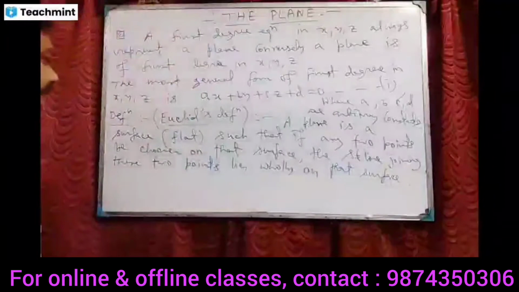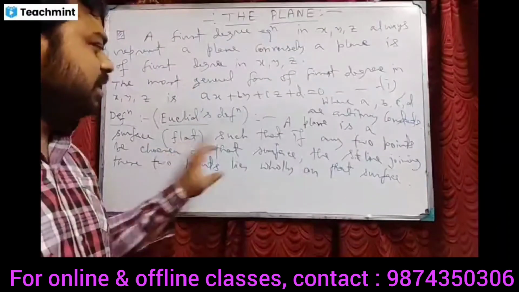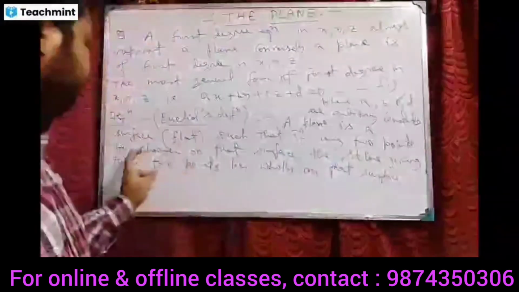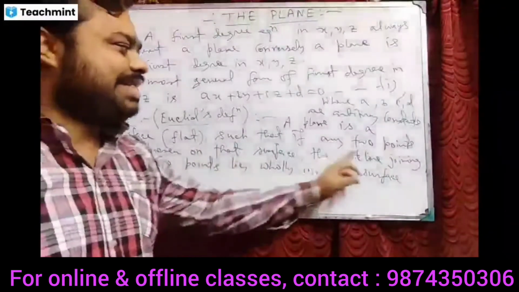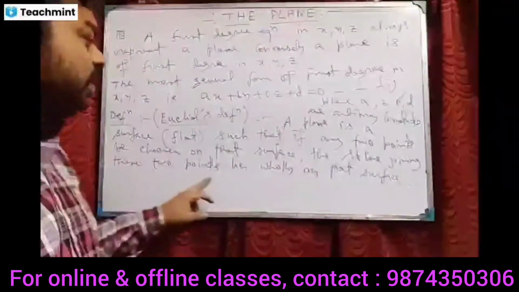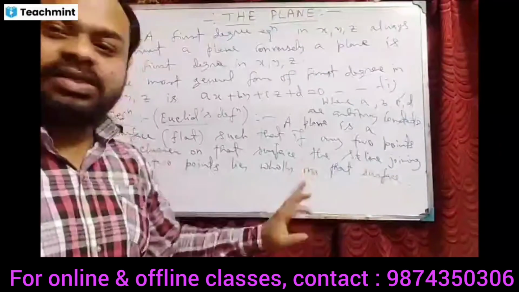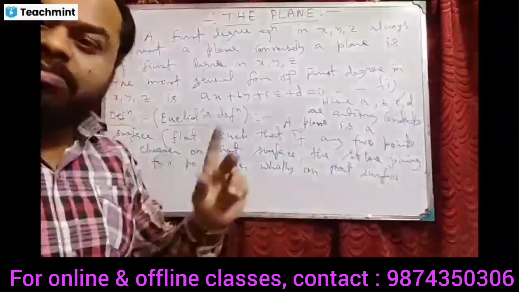Okay, so a plane is a flat surface such that if any 2 points be chosen on that surface, the straight line joining these 2 points lies only on that surface. So this is the definition of plane by Euclid.